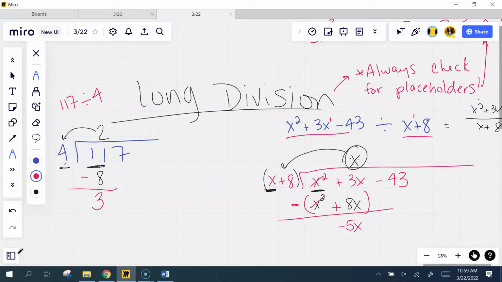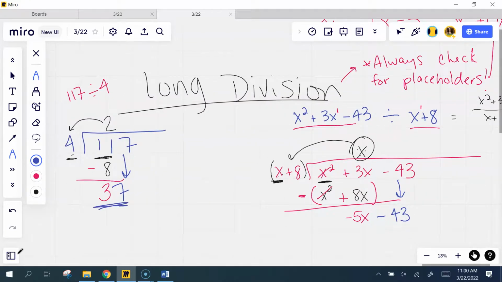All right. Now what do you do? Go back to the problem on the left. What do you do? After you subtract, you bring down the 7. I bring down the 7. So here, I'm going to bring down the next term. Now what? I start the whole thing all over again, right?